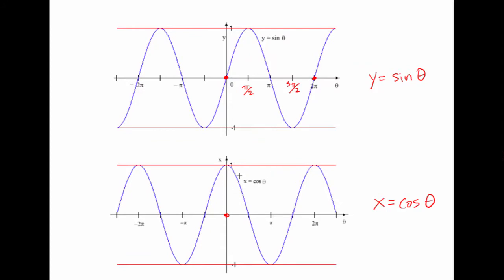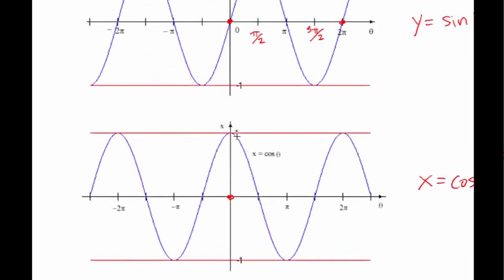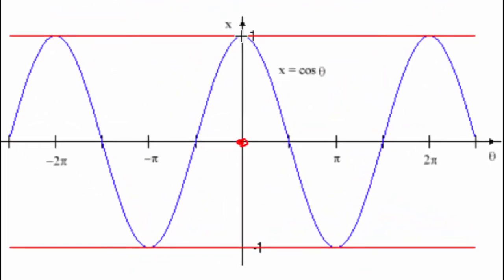And the cosine function is very similar, and if you look at the pattern in the waves, you'll notice that the cosine function is just the sine function shifted over. So the cosine function actually starts at 1 when theta is 0, and it goes down, bottoms out at -1 when theta is pi, back up through 0, back up to 1 when theta is 2 pi.